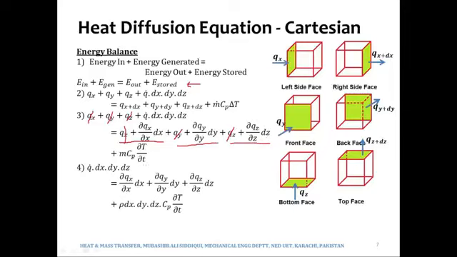Now the last term, Cp remains Cp, ∂T/∂t remains ∂T/∂t. Mass is by definition density times volume, so density has been written as rho, and the volume has been written as dx into dy into dz.